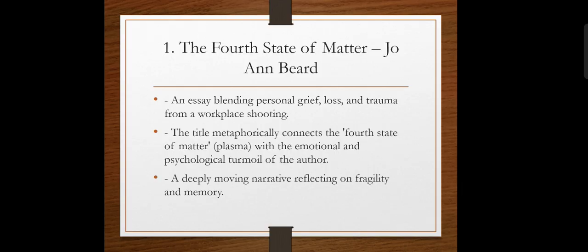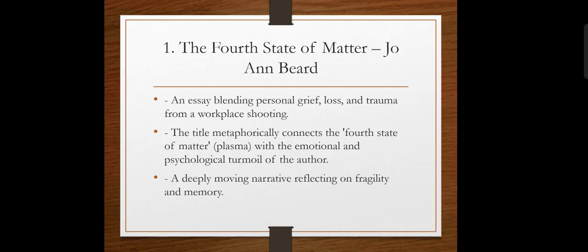Look at the title, The Fourth State of Matter, which refers to plasma. Here it comes as a metaphor, a symbol. Plasma in physics is chaotic and charged, much like the emotional state of the narrator in the narrative. Beard uses this metaphor of plasma, or the fourth state of matter, to mirror her own inner turbulence, her disintegrating world.